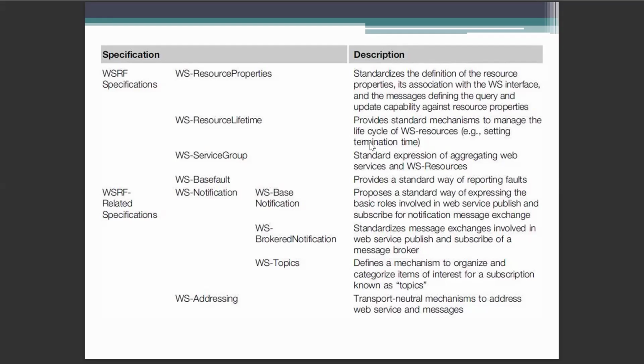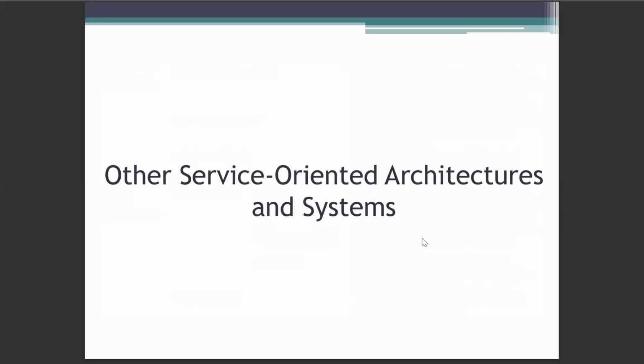Any kind of resource will have a lifetime, meaning up to which extent it will stay on this server has to be specified beforehand. And whoever is providing the information will be given by the related specifications, such as the broker notification: who published this web service and how you are getting it. And then next, from where I can get this web service, like that we have represented.